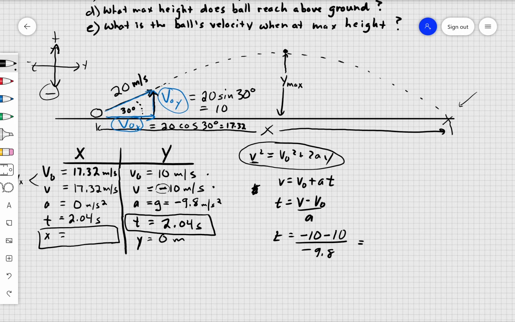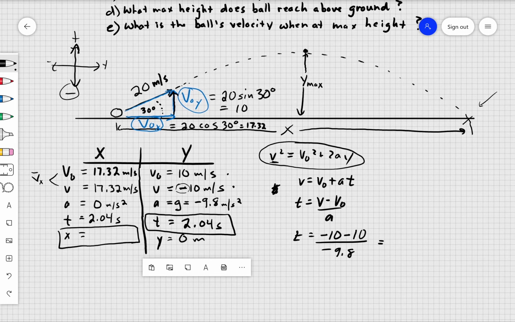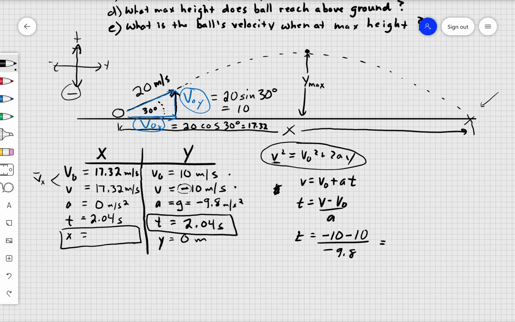What's the displacement? Well, if you look at the x side, we have constant velocity and we know the time. If the acceleration is 0, then x is v average t, 17.32 meters per second in the x direction for 2.04 seconds.